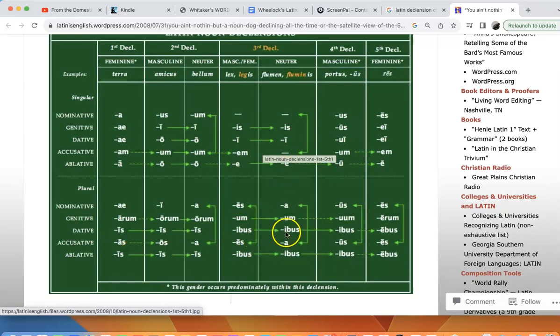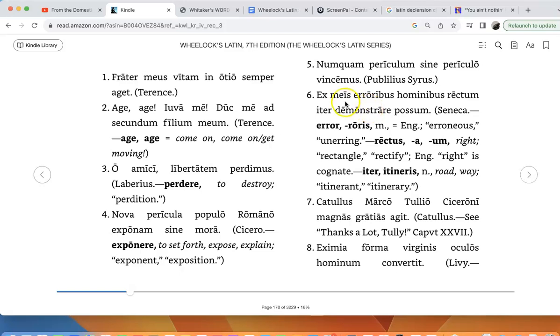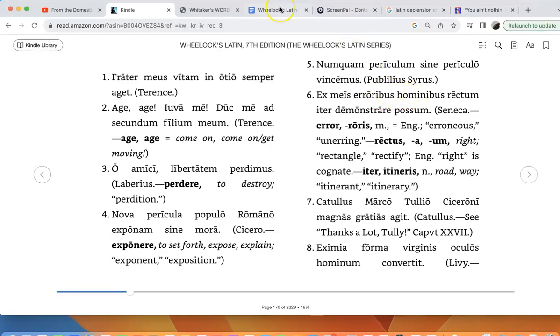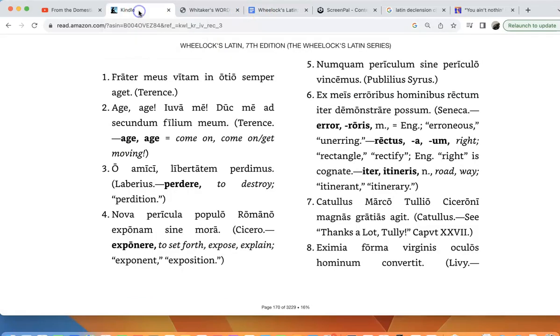So here's our -ibus, our ablative, but then meis because my is a first, second declension adjective ending. And so we put it all together: I am able to demonstrate the right way from my human errors. What does that mean? Well, of course, we all make mistakes, but hopefully we are learning from them. Okay.